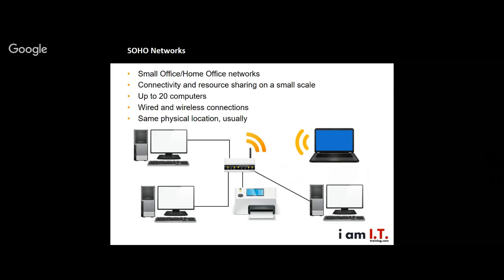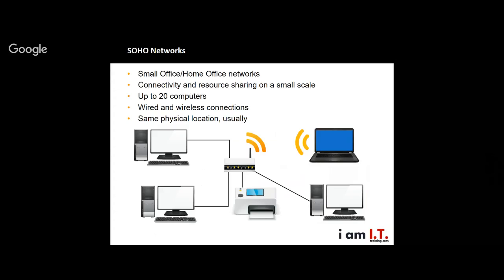Really quick, what is a SOHO? Do you remember what the acronym means? Small office, home office, right there at the top. Get that into your flashcards and your memory because you'll see it in the future. Now, a SOHO network is something that provides connectivity for a small office, and it's usually considered 20 computers or less. Now, computers is the right word, but at this point, it's really devices.